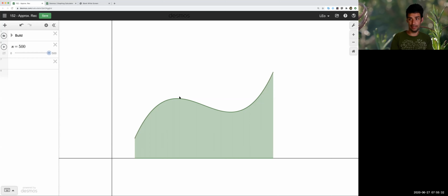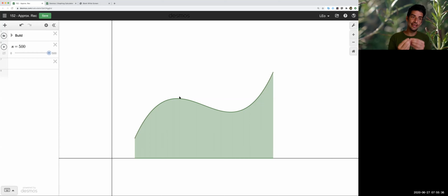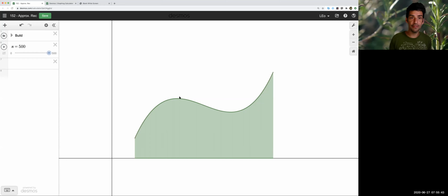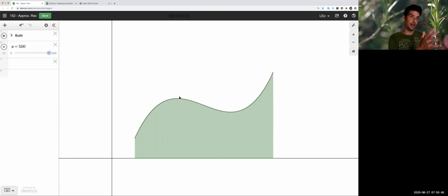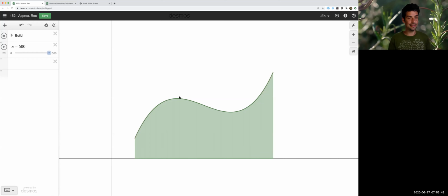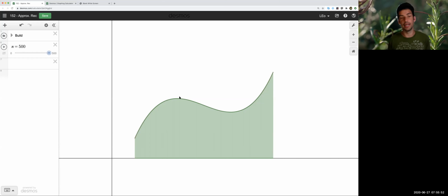We used a very simple idea, slopes, to capture it, and then we added this limit in there. And that's exactly what we're going to do with this area idea. We're going to take a very complicated idea, approximate it with something simple, and then use limits to get it to meet up with that complicated part.